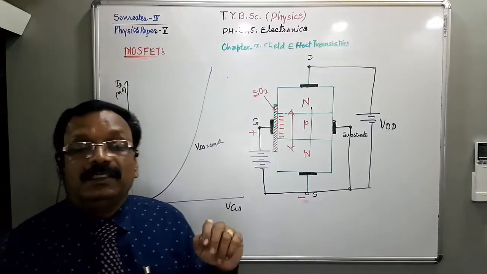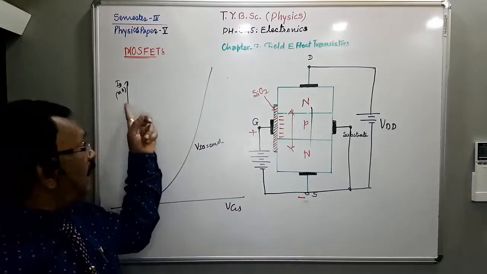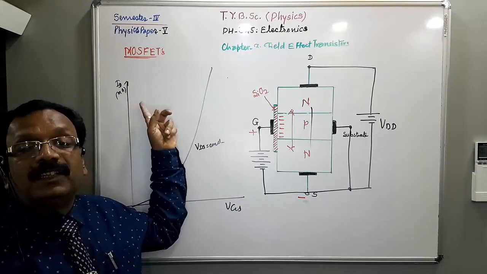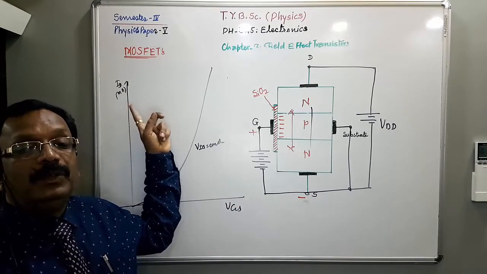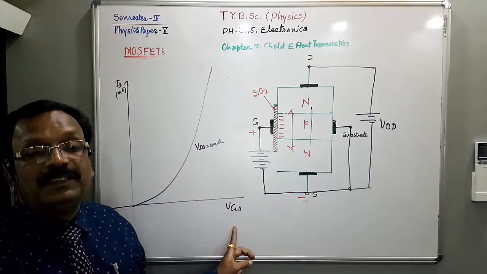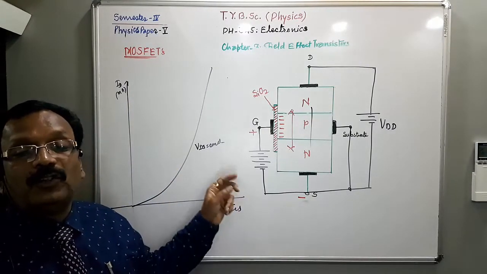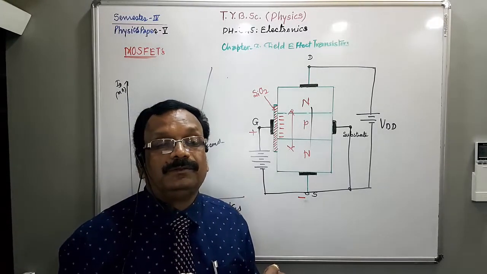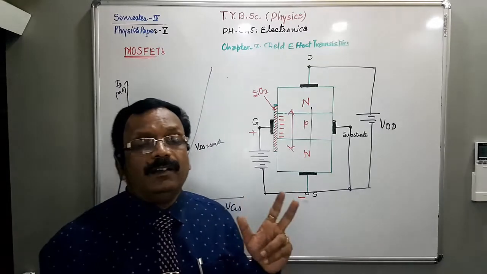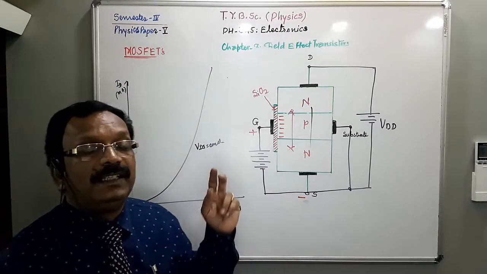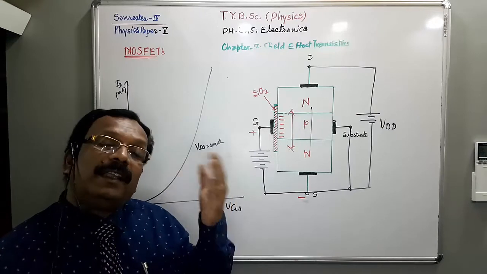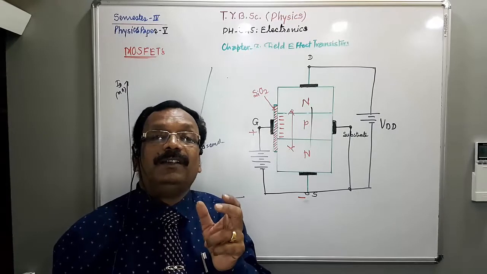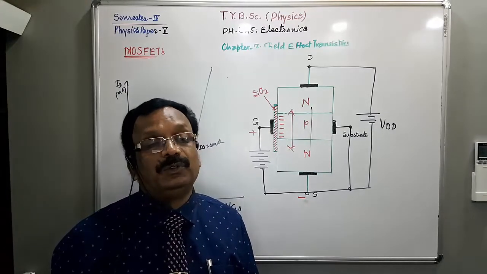This curve shows the relation between drain current ID and gate to source voltage VGS, for different values of VDS, that is drain to source voltage.